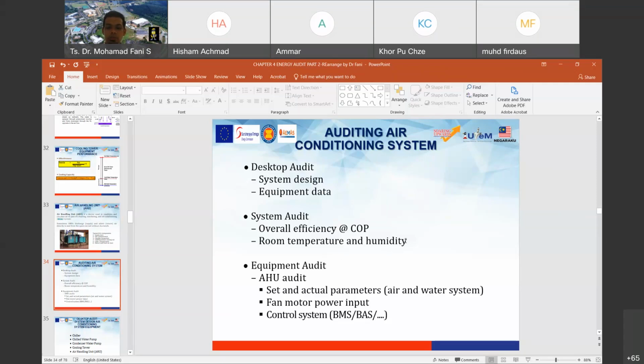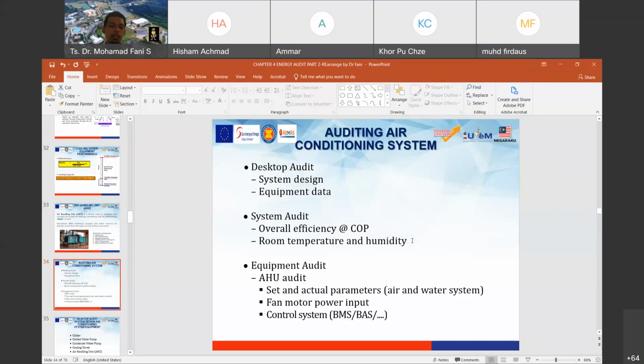And also for humidity. To actually measure the humidity is really important, especially for the record room. For example, to store books and very important documents, they need to maintain humidity around 40 to 60%.